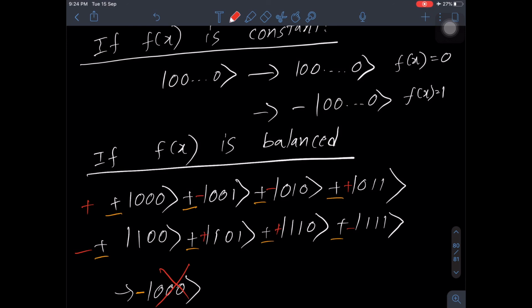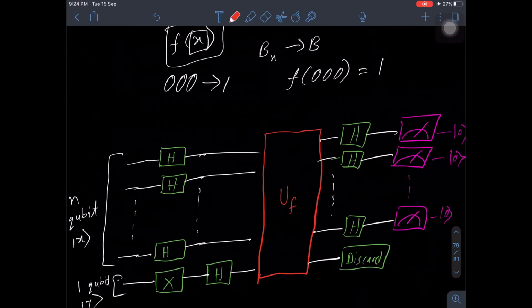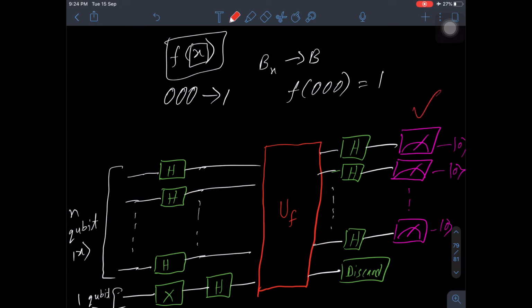You're going to get some state which depends on the explicit position of the minus and the plus signs, but you're not going to get zeros. We can only get all 3 zeros when all of them are plus or all of them are minus. So after this measurement, these pink measurements, if you find that you have at least one non-zero output, then you are definitely sure that this was balanced.